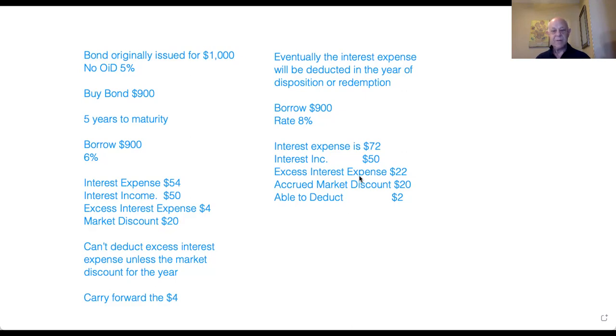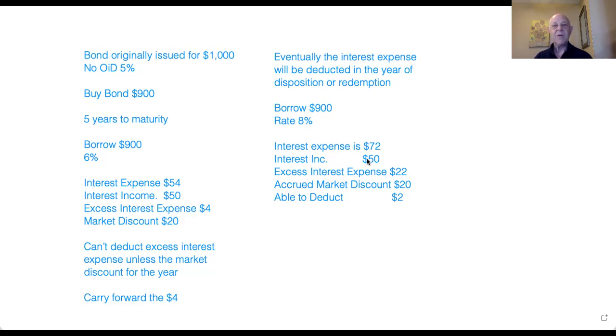All right. So if your interest expense is less than the coupon, then we don't have any excess interest expense, and then you can deduct the full amount. So if our interest expense was $50 or less, you don't have to go through these machinations. You just deduct the full amount.